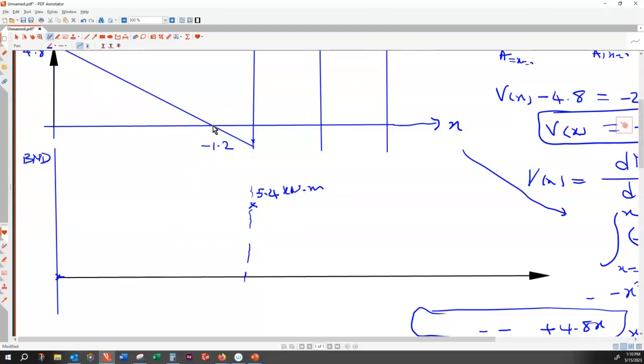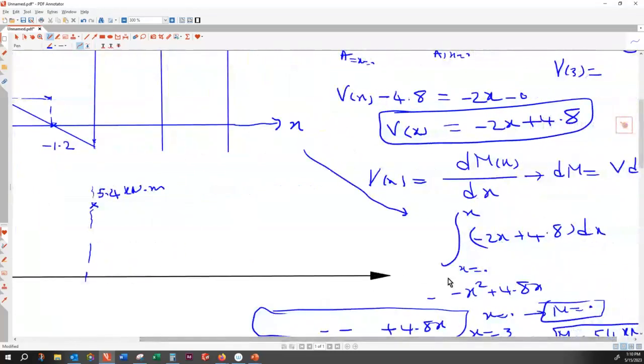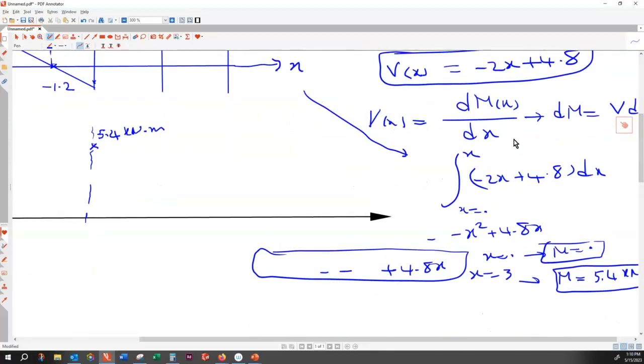Now I notice that the shear force goes from positive to negative, so there is a 0 value here. Let me find the location of this point, because there is a differential relationship between the shear force and the bending moment. Wherever the shear is 0, the bending moment is maximum. That is back to the calculus. So how can I find that location?